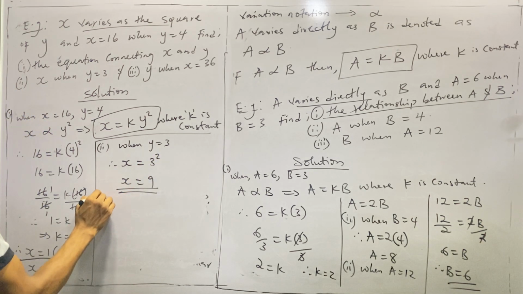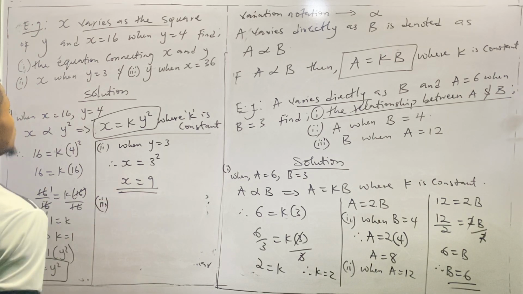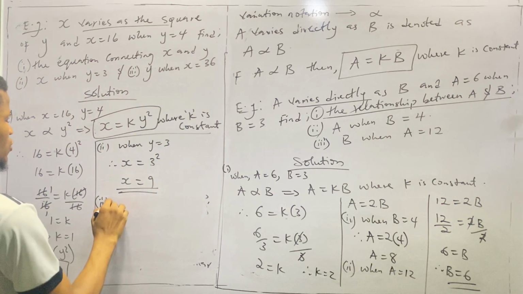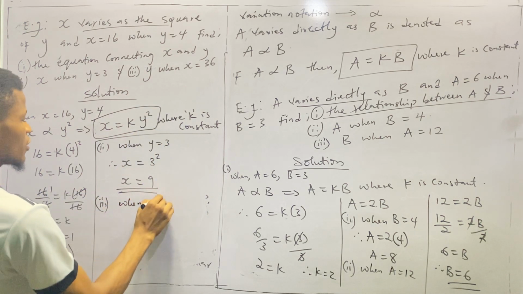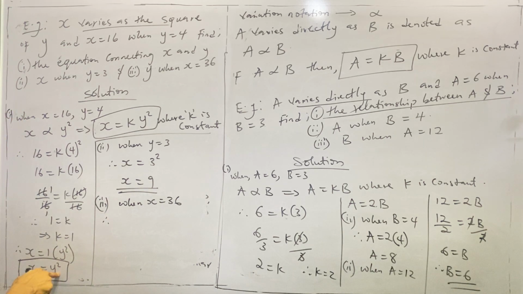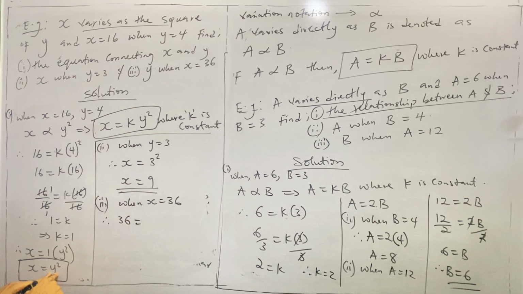Then iii, y when x is 36. So when x is 36, from the equation x is equal to y squared, we'll put 36 here, and we are looking for y.